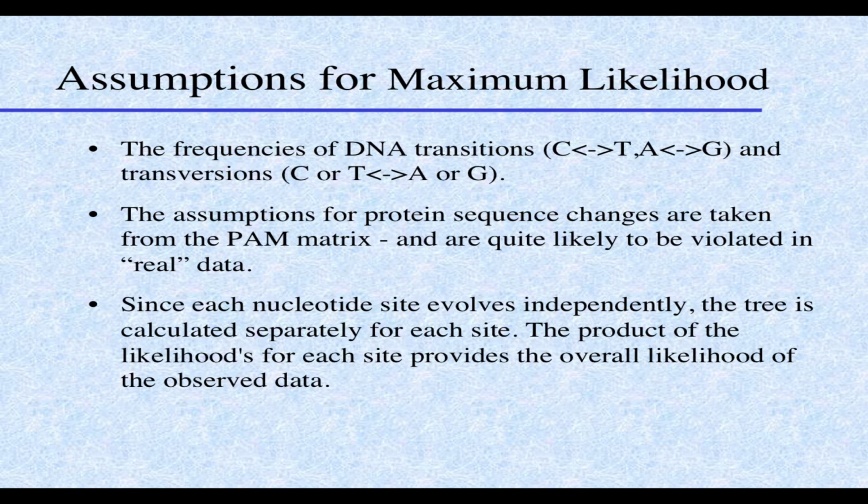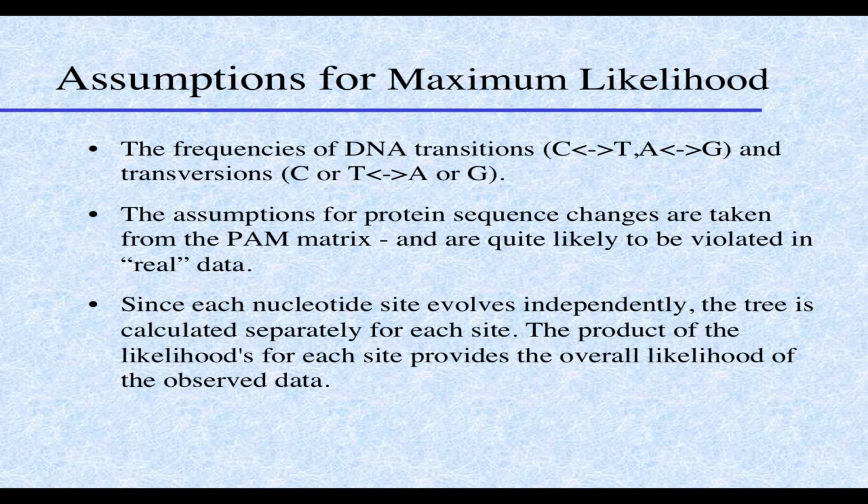So some other assumptions that maximum likelihood may use. The frequency for transitions, C to T and A to G, and transversions, C or T to A or G, are different. Assumptions for protein sequence changes come from the PAM matrix and are quite likely to be violated in real data. If you think about it, the PAM matrix is an average for conserved sequences that have known functional domains.